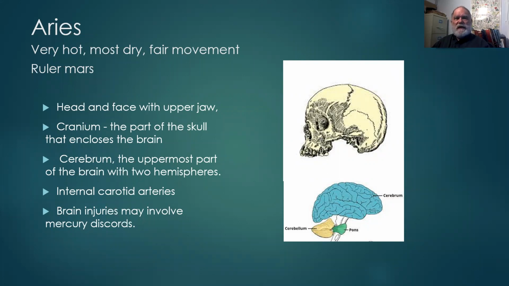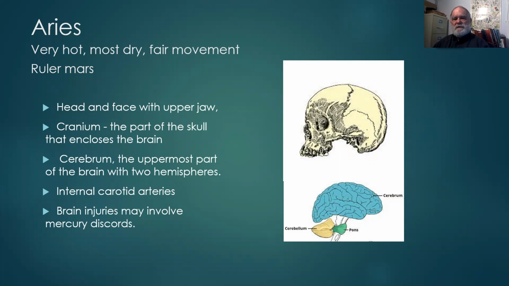By the way, the energy of Aries: as a sign, it's very hot. It's the most dry of the signs. It has fair movement, a little bit of movement. And the ruler of Aries is Mars. So if we're going to look for influences in this zone, we're going to look in the sign Aries and also Mars, which by rulership has an influence back into Aries.